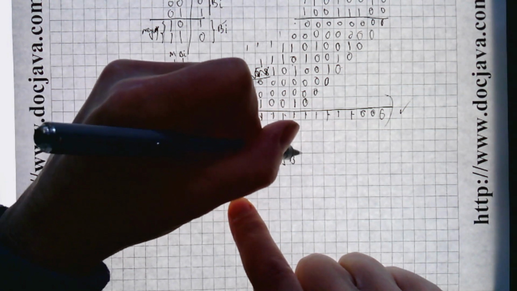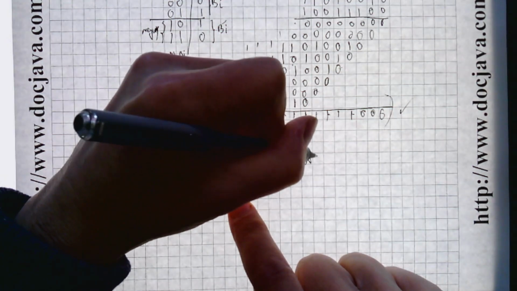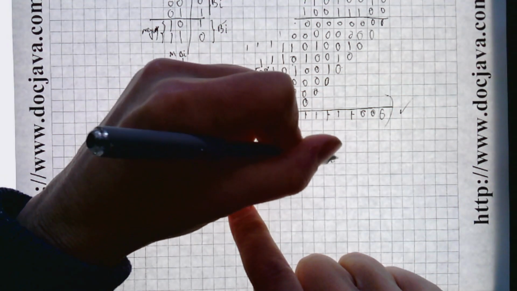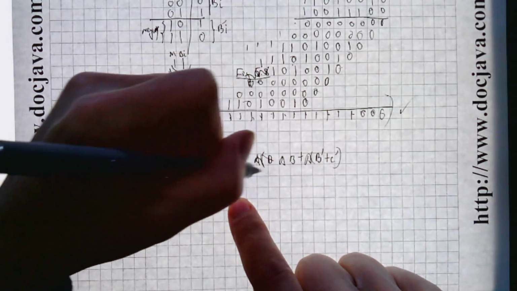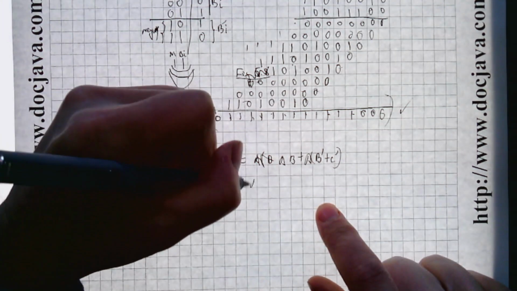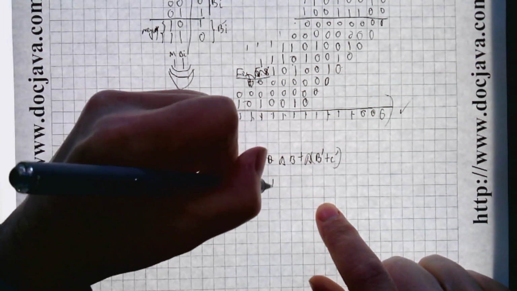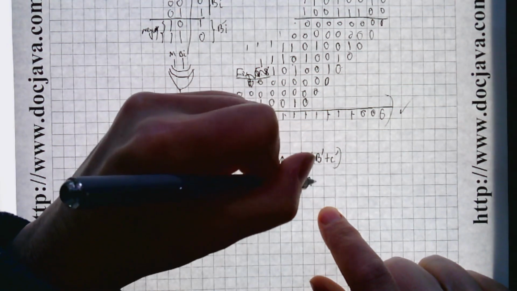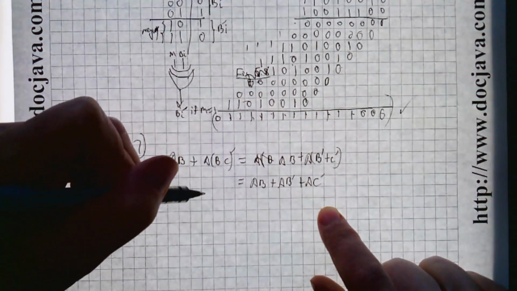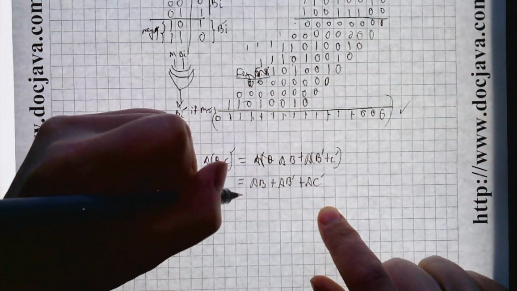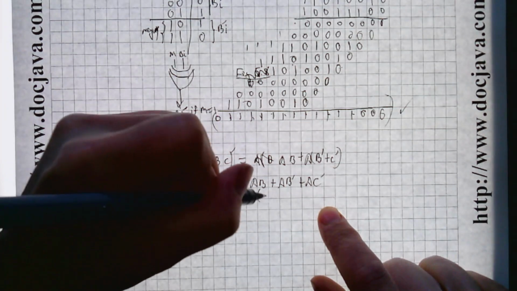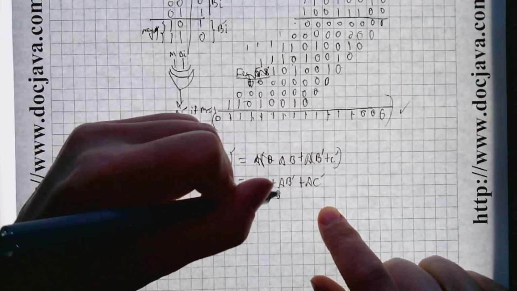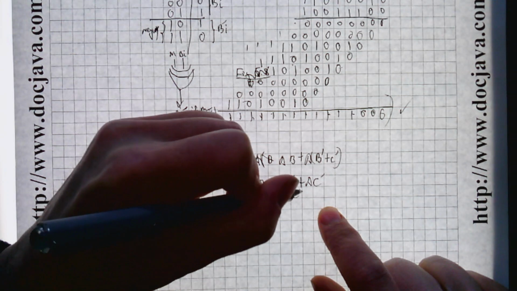AB plus A times (B prime or C prime), which is equal to AB or AB prime or AC prime, which is equal to A times (B or B prime or C prime).